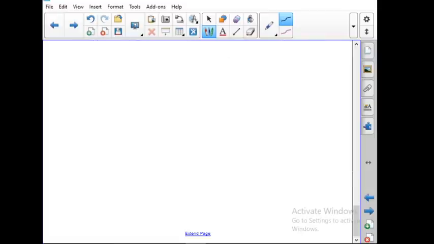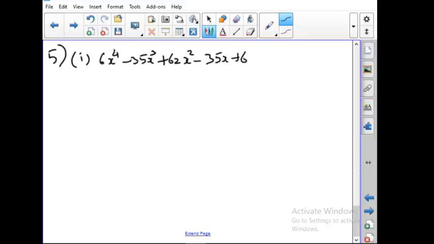Now we'll see problems in exercise 3.5, fifth question. Question number 5, first one: 6x power 4 minus 35x cube plus 62x square minus 35x plus 6 is equal to 0. First we have to check this for the type.